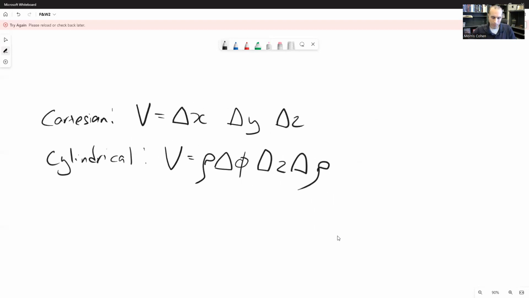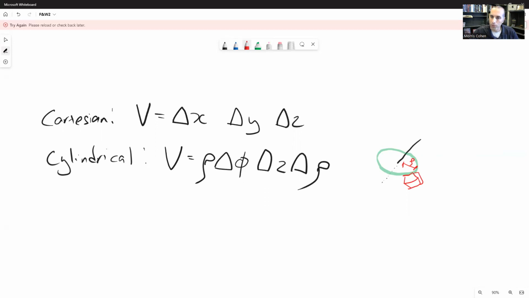And this should make sense if you think about the cylindrical coordinate system in the following way. If we consider a little cube located over here, then as this radius right here, or this distance is rho, as rho gets bigger, the size of that cube is going to open up.